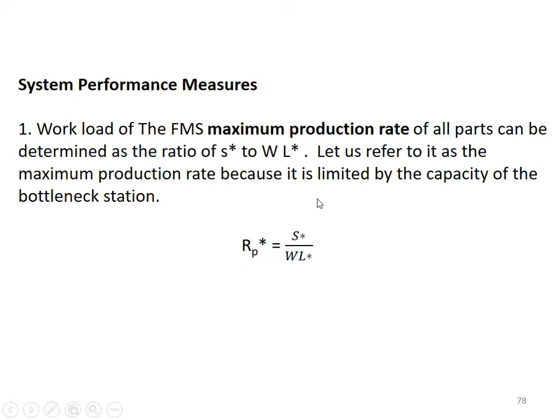It depends on the capacity of the bottleneck station, because the particular shop floor or the industry will have its own limitation. So we need to calculate the maximum production rate so that we should not exceed this particular limit.